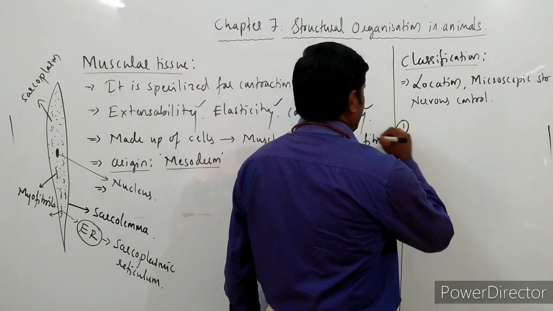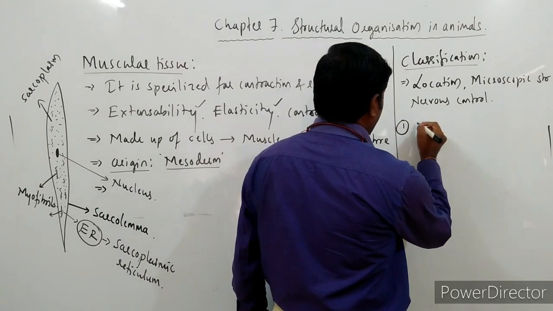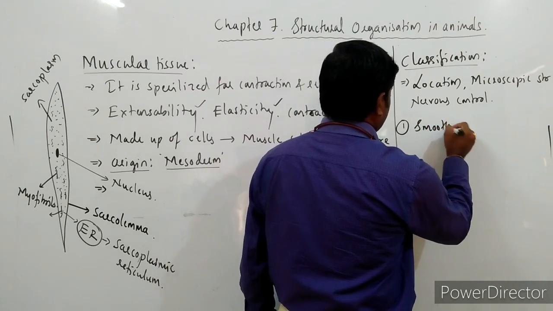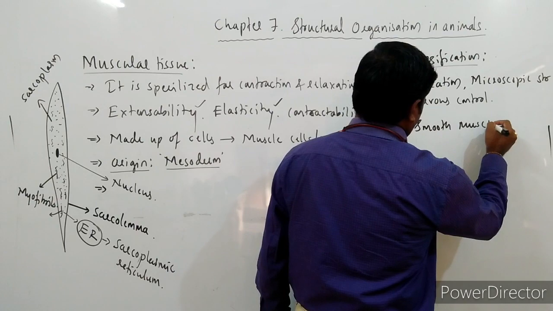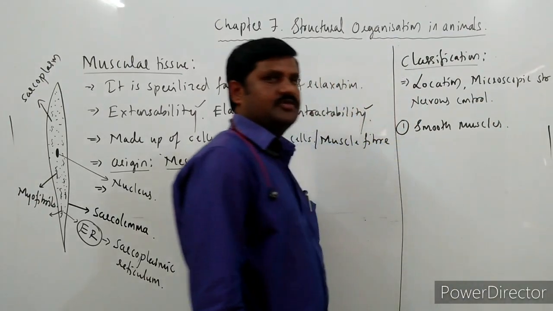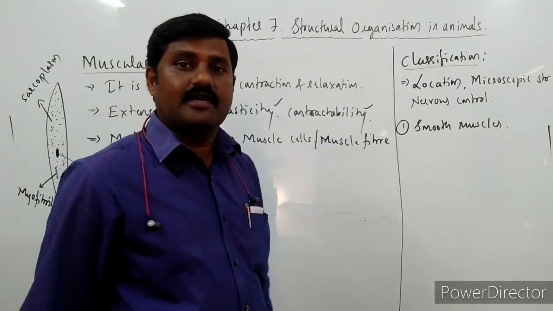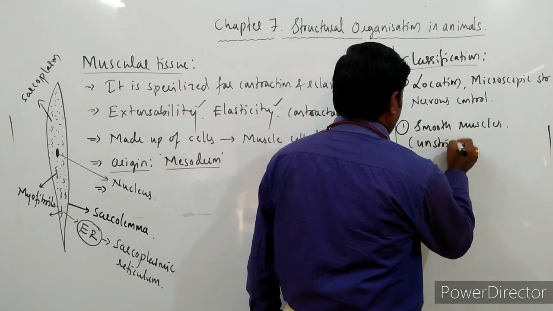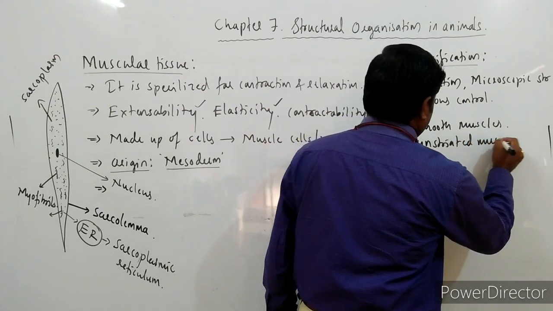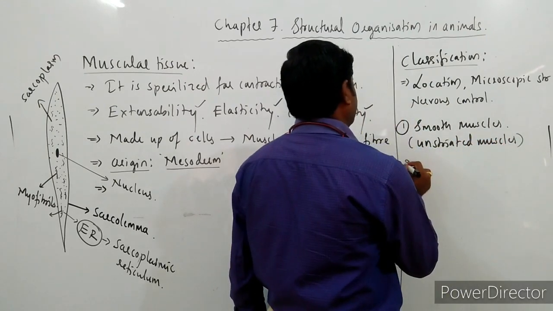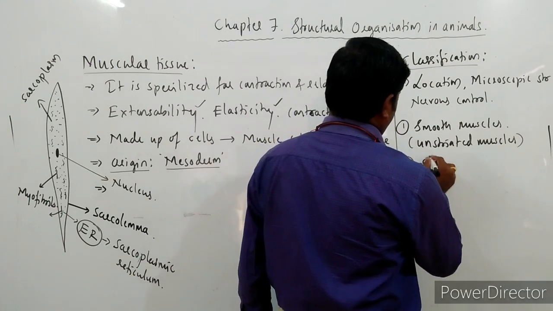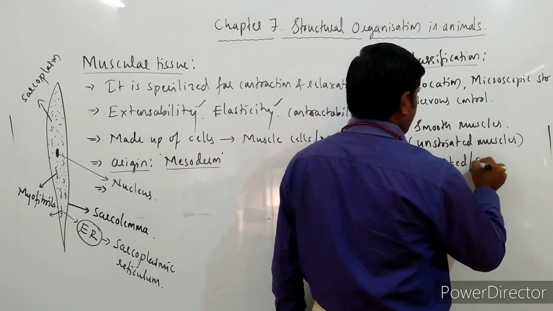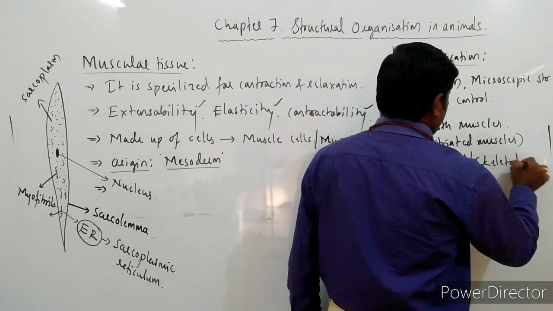So number one is involuntary. So they are smooth muscles. Smooth muscles are also called unstriated muscles, right? And the second one is striated muscles or skeletal muscles.